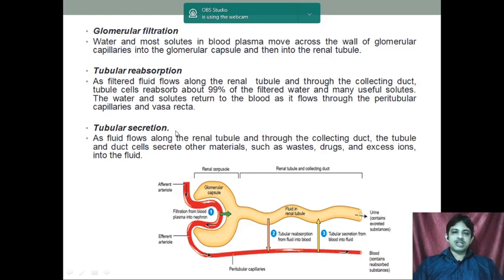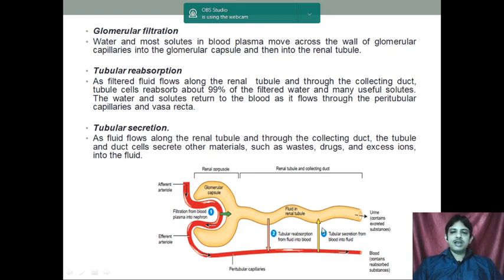Next is tubular secretion. As the fluid flows along the renal tubule through the collecting duct, the tubule and the duct secrete other materials such as waste, drugs, and excess ions into the fluid.